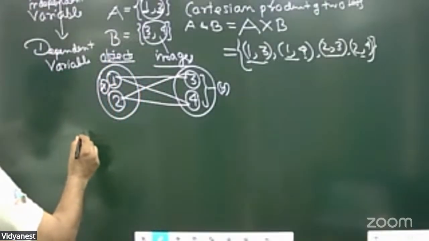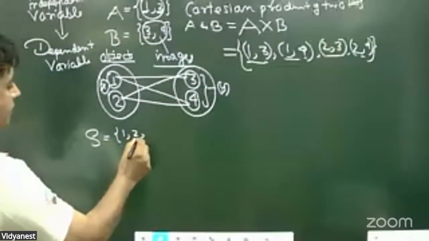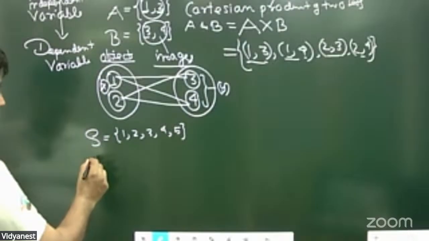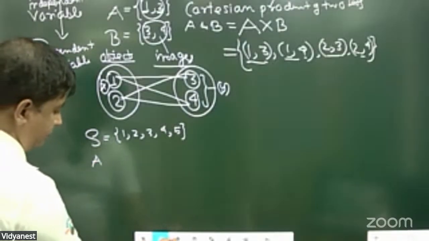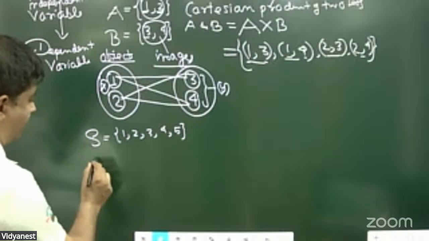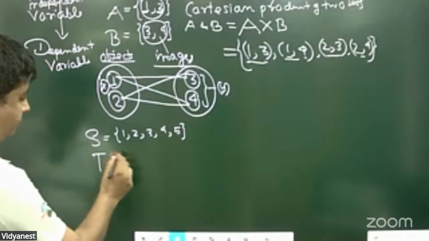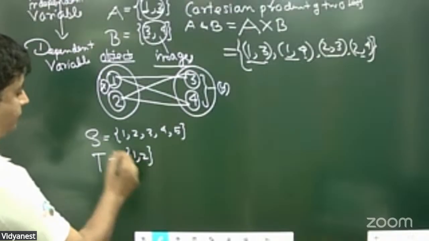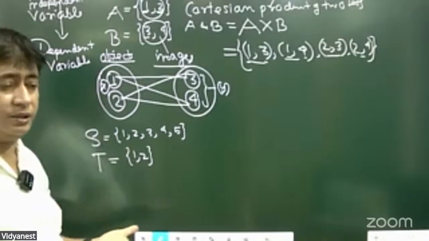Suppose there is a set S. It contains 5 elements. Another set T. It contains 2 elements. Okay.